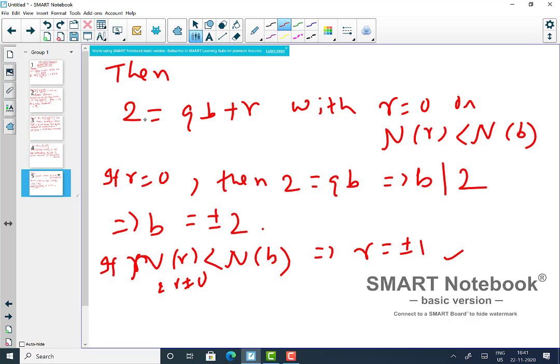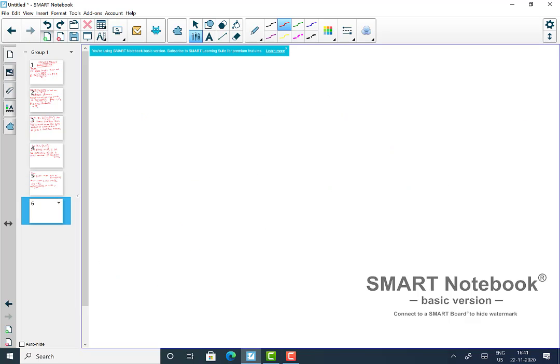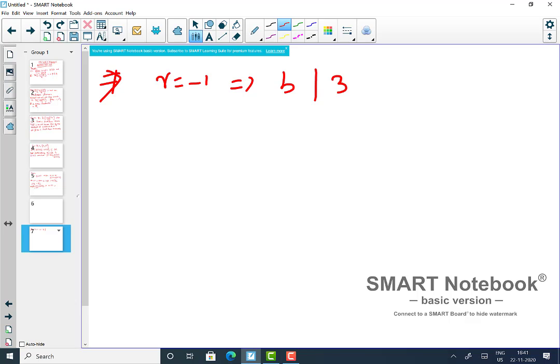But 1 is not possible, because 1 is a unit, and I chose B as a non-unit. So R equal to minus 1 implies your B divides 3, and this implies B equal to plus or minus 3.